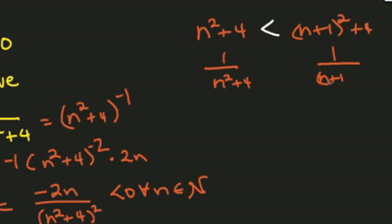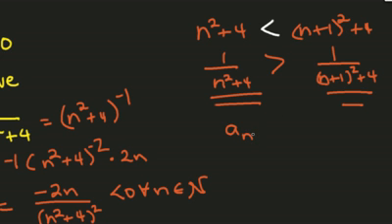It switches. So now what you've said is the original term is always larger than the next term. So that by definition is decreasing. Okay, either way you want to do it.